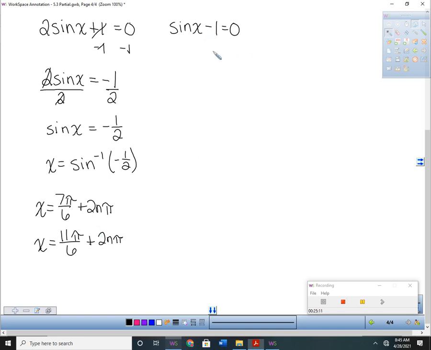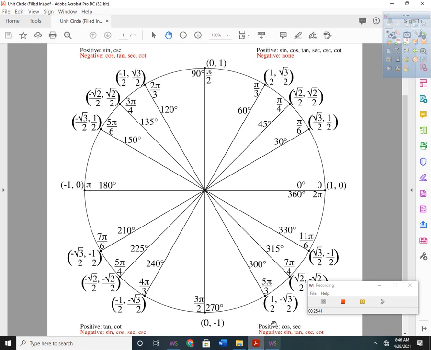Okay? So now I'm going to do the same thing here. I'm going to add 1. So I get sine x is equal to 1. And then I'll do the inverse. So sine values of 1. So if I look, that would be my y value.